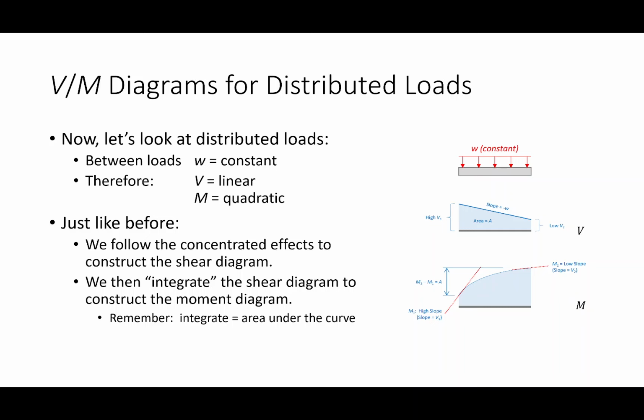Okay, so let's say that I had a beam, something like this, with a uniform distributed load, and let's put a number on this. Let's say it's 5 kips per foot distributed load.